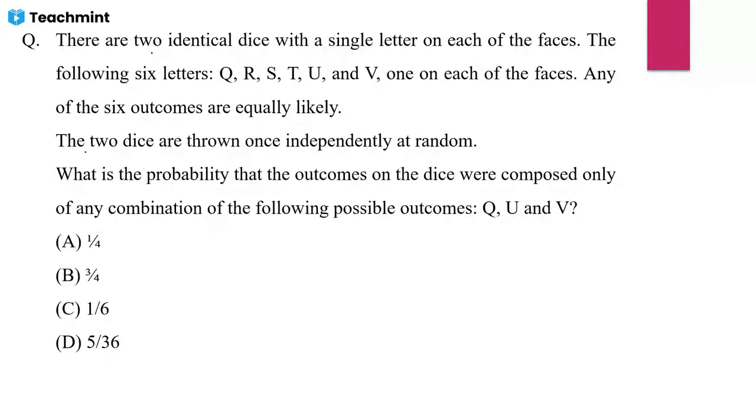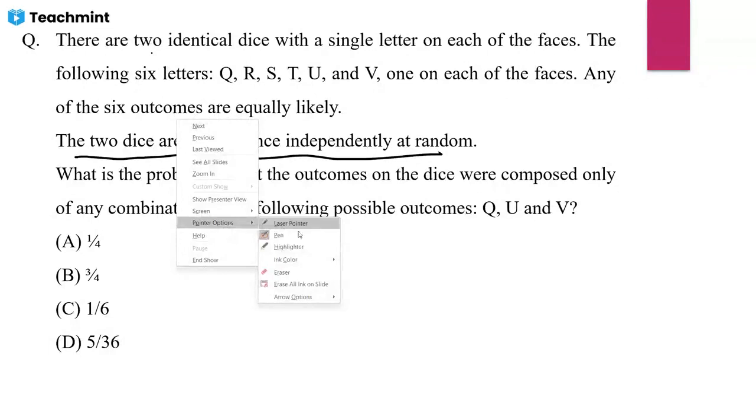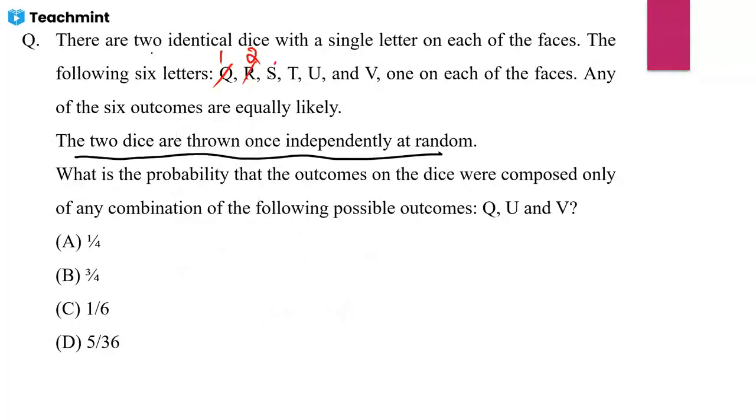Two dice are thrown. Here, instead of 1, 2, 3, 4, 5, 6, they said Q, R, S, T, U, V. For better understanding, let's say 1, 2, 3, 4, 5, 6 only. Total is nothing but 6 into 6, 36. What is favorable?